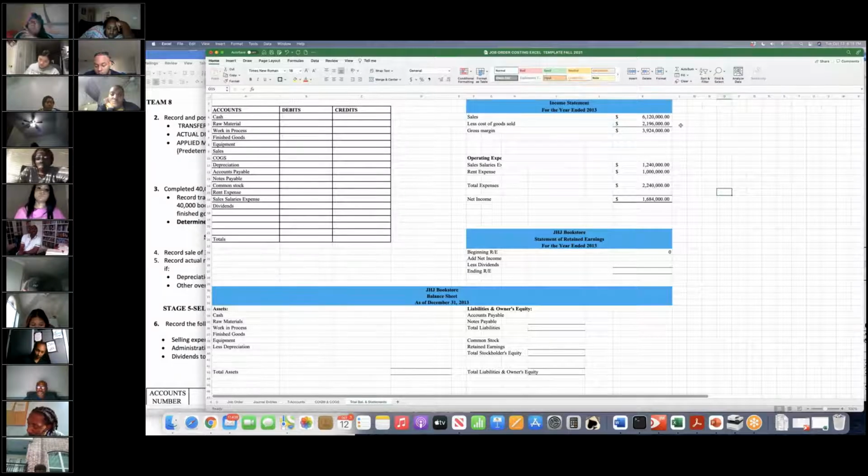So just looking quickly at the income statement, sales less cost of goods sold gives us gross margin, less salaries and rent gives us the net income. So remember, these two numbers were those next to last two journal entries. The sales number is in that sales journal entry. Cost of goods sold is from the statement of the cost of goods sold.